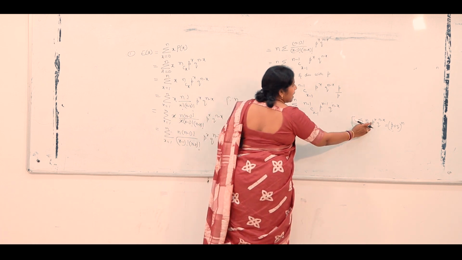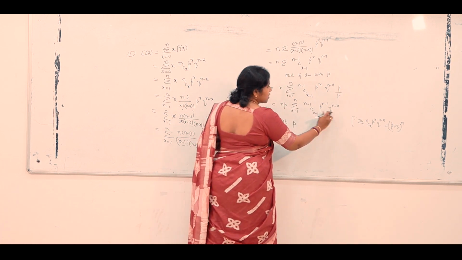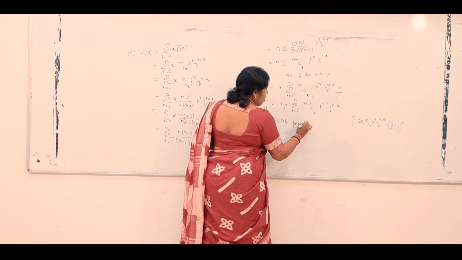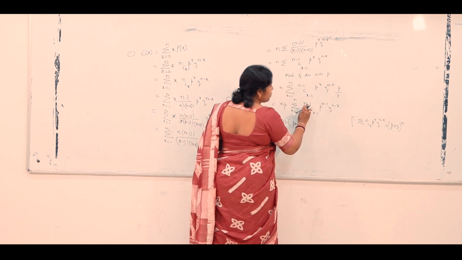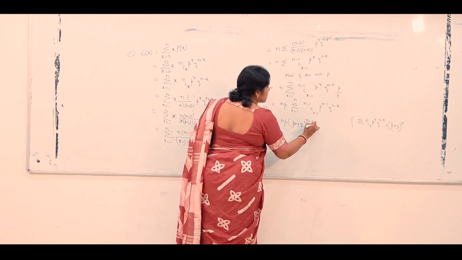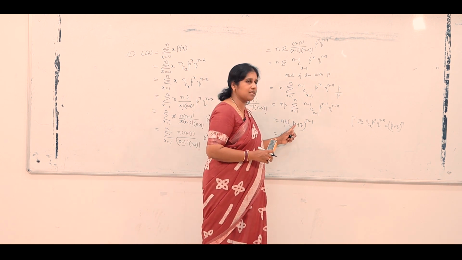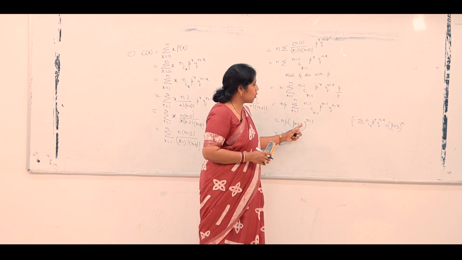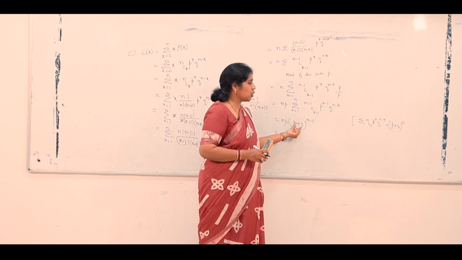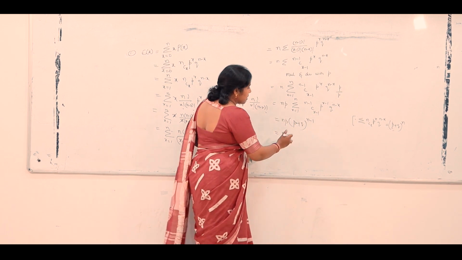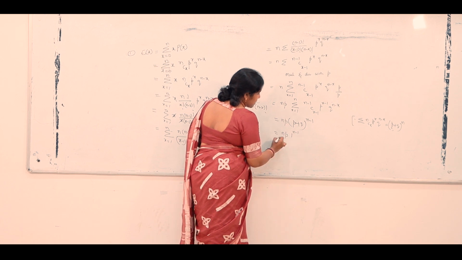So, in place of P, you have P, and in place of Q, you have Q, whole to the power N, but in place of N what do you have? N minus 1. So NP into what is P plus Q? P is probability of success, Q is probability of failure. So total probability will be 1. So 1 power N minus 1.